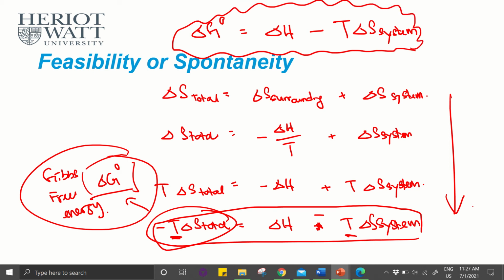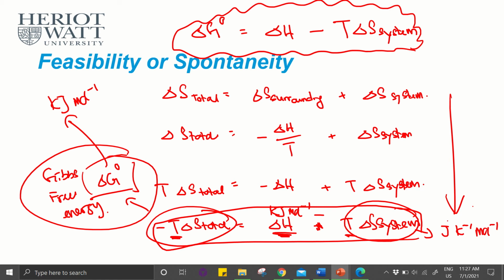Now this Gibbs free energy has a slightly different unit. Gibbs free energy is the same as enthalpy change; we put it as kilojoules per mole. So when you apply any calculation using this equation, the enthalpy change is automatically in kilojoules per mole, right? But the entropy of the system that we calculated just now using product minus reactant is in joules per Kelvin per mole, right?